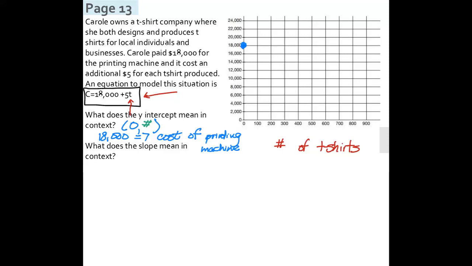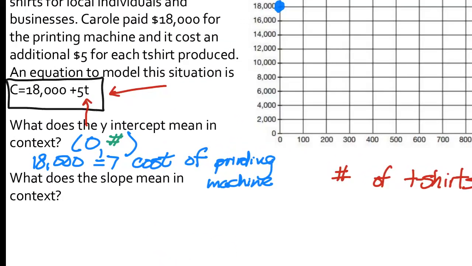Okay? What does the slope mean? So if I am looking at this equation, first of all, what is my slope? 5/1. Okay, yes, I can go for that. 5 or 5 over 1. So here's your slope. Or what about x? Is it representing the number of t-shirts? X is representing what? This says t.